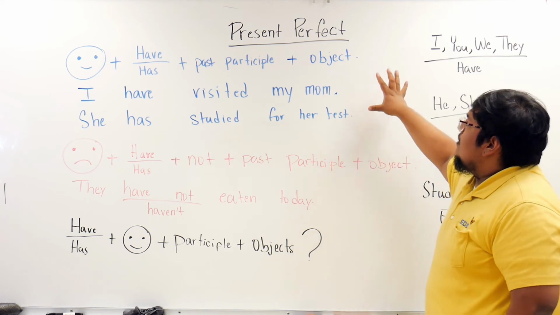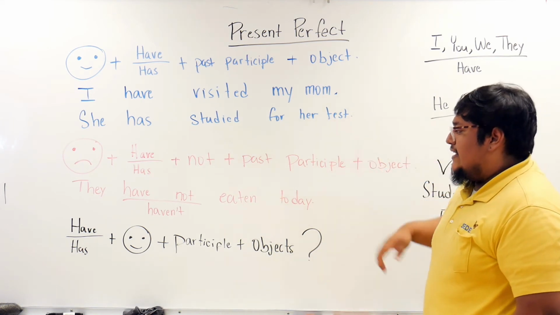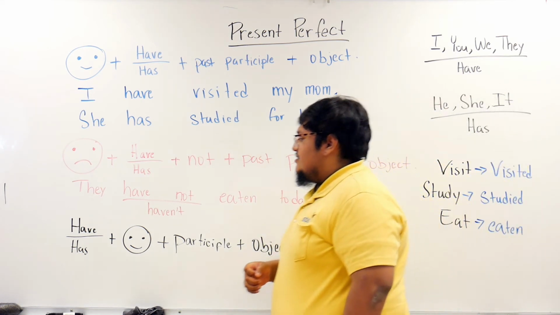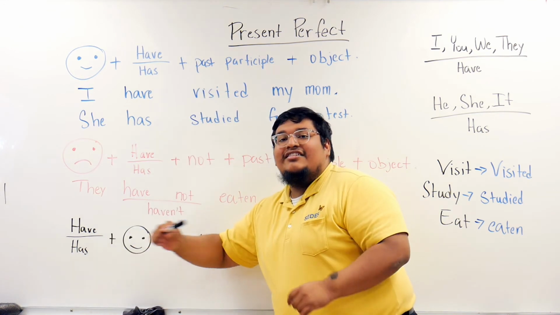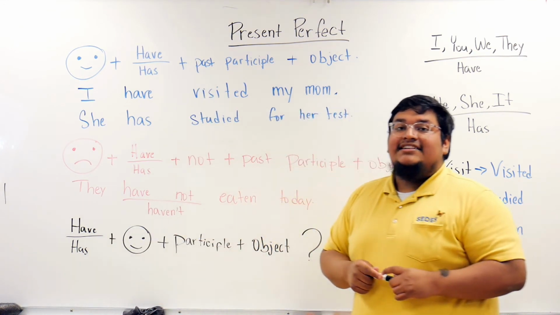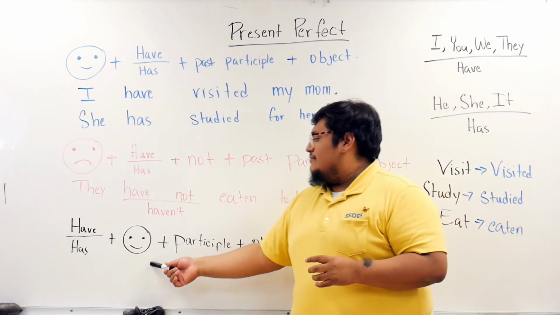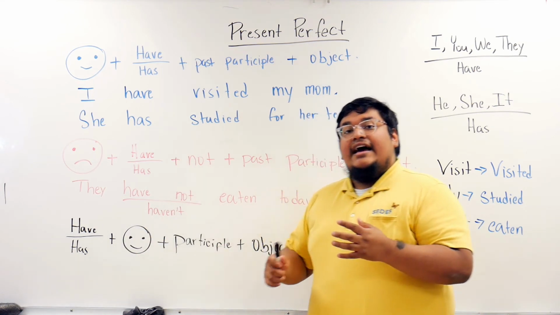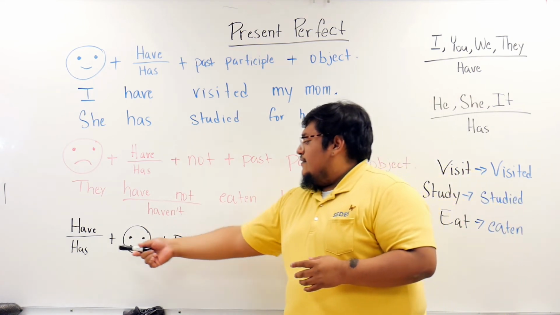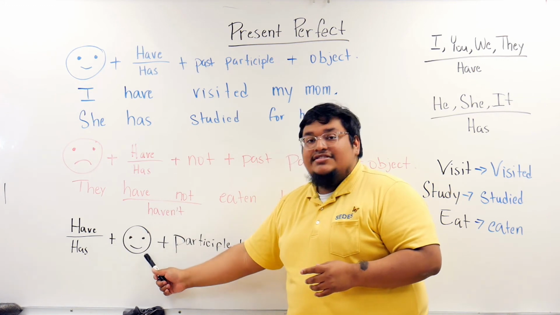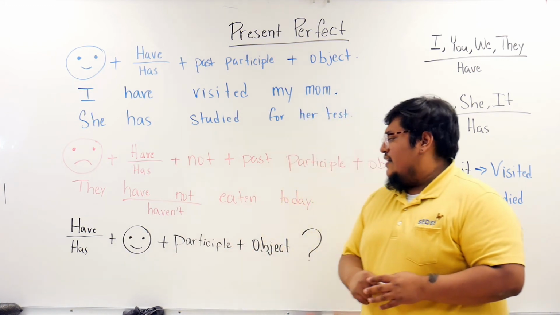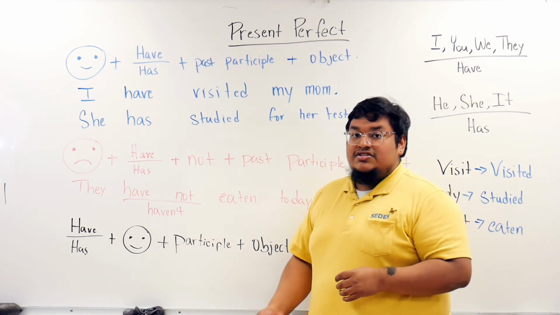So now we see positive and negative. Let's look at questions. So you want to start off with the auxiliary word have or has, okay? And depending on your subject, that's which one we're going to be using, have or has. After you select have or has, you need to select your subject, okay? And then your past participle.